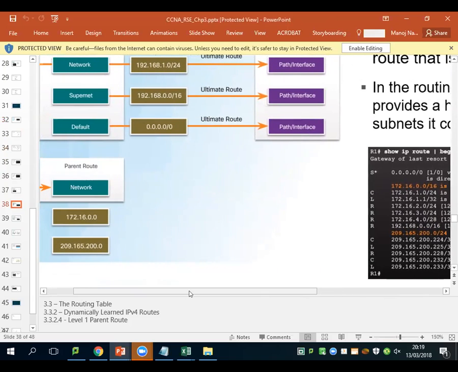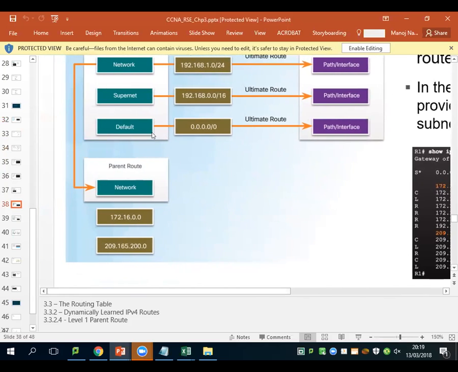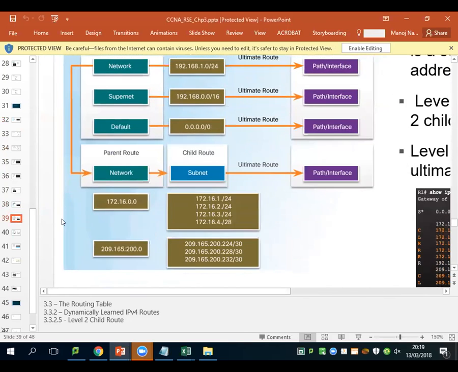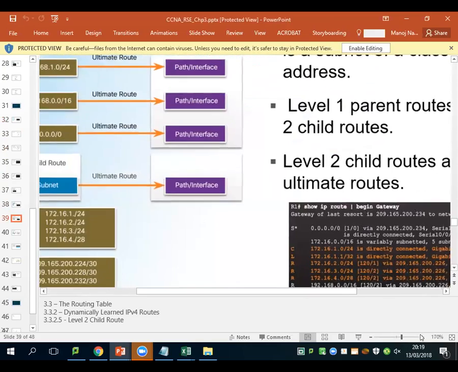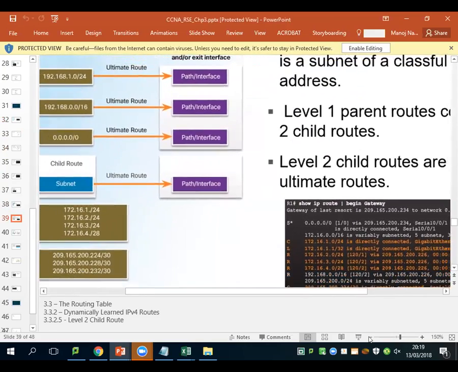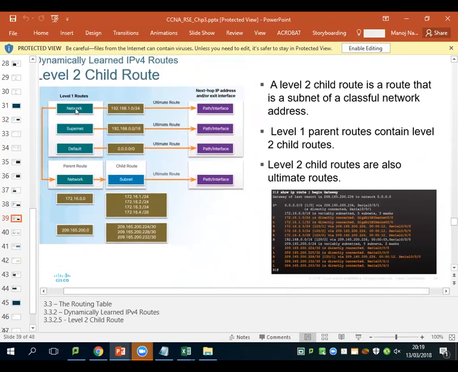So the child route, following on from this, should be quite logical. That's the parent route concept. The child route is called a level 2 child route, because now we're going one level down. What you see here is, that's the level 1 route and that's the parent, and off the parent are those subnets. Quite simply, any of the things under that parent route are subnet routes.